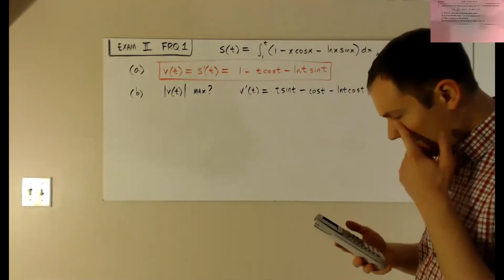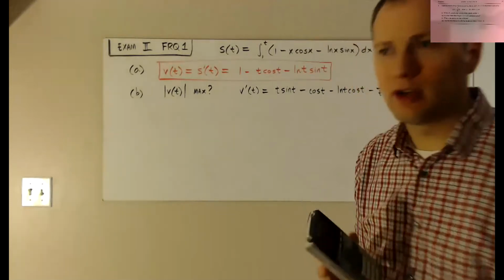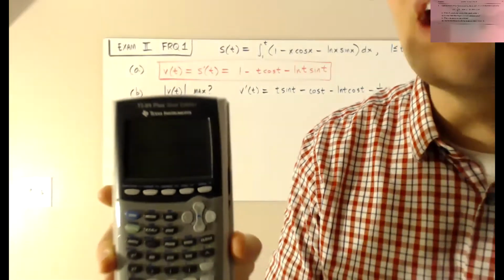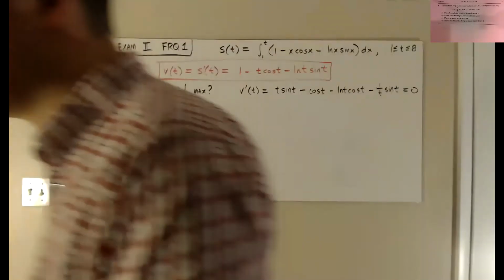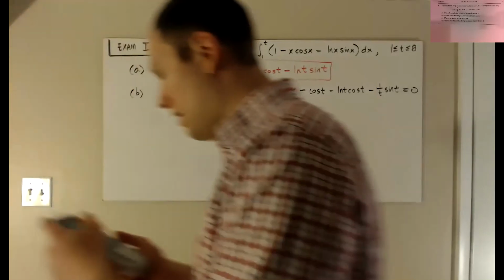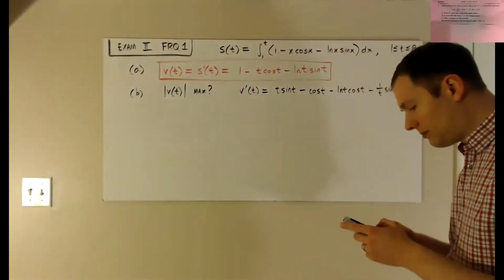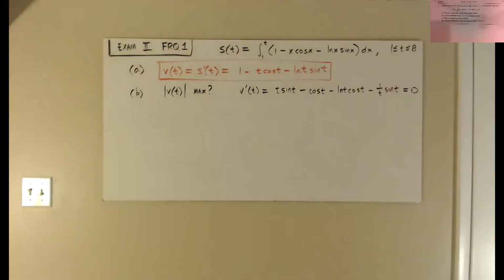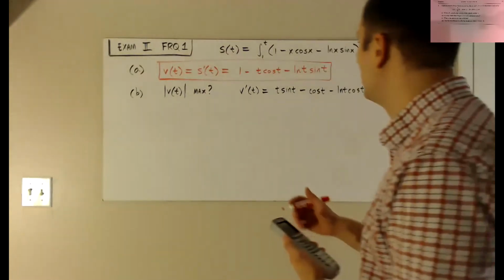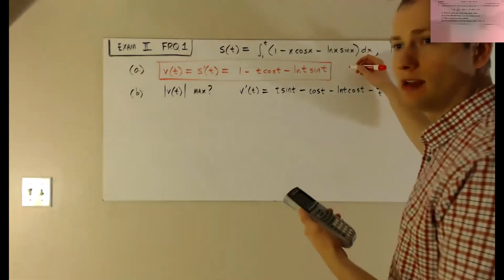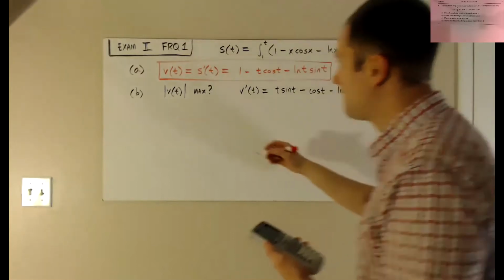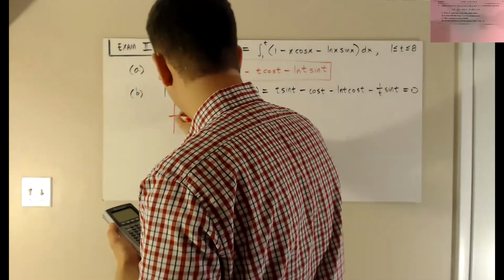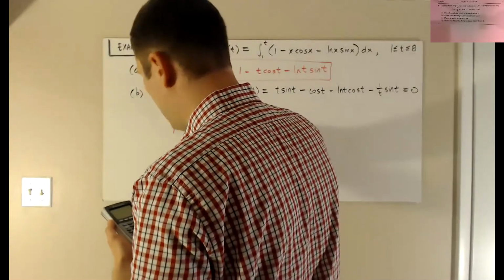Sorry, this is low tech. Can you see that okay on there? You probably can't. Anyway, how about I sketch a little picture of it up here? I'm getting a picture that looks something like this for this function. This is v.